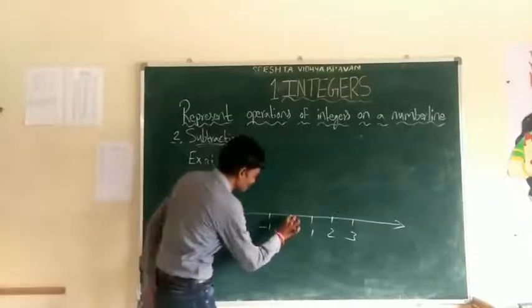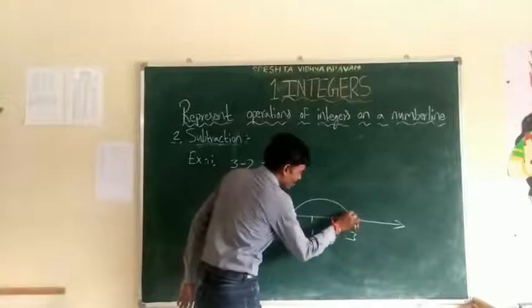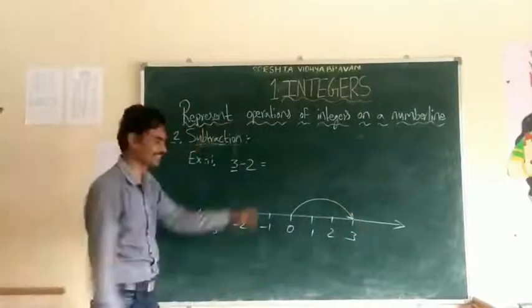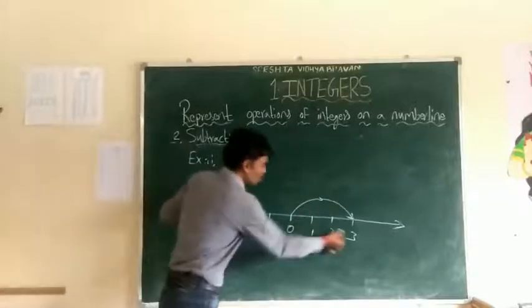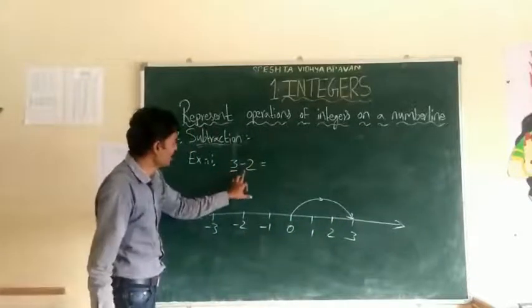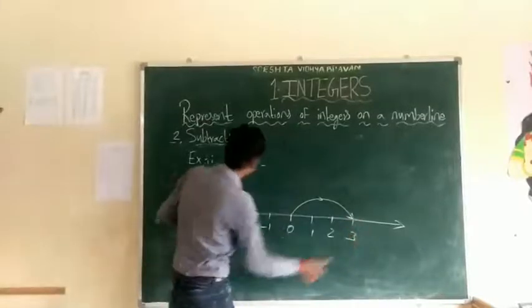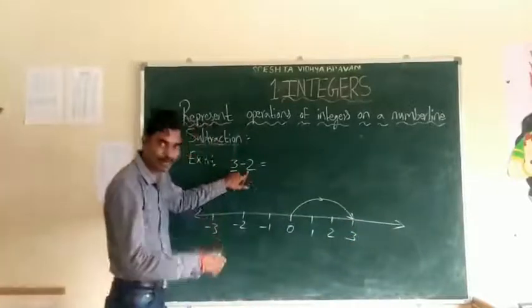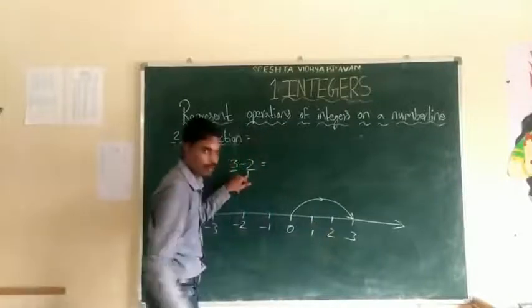Where it is +3 means it is a forward direction, the addition. That means it is the addition of 0 to 3. Next one, minus 2. Minus 2 means it is the backward direction. How many numbers do we have to subtract? That means 1, 2.